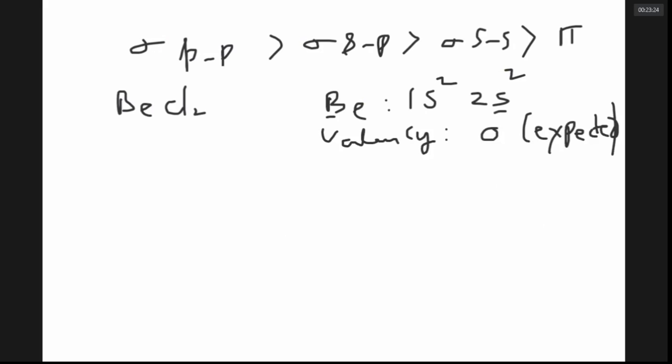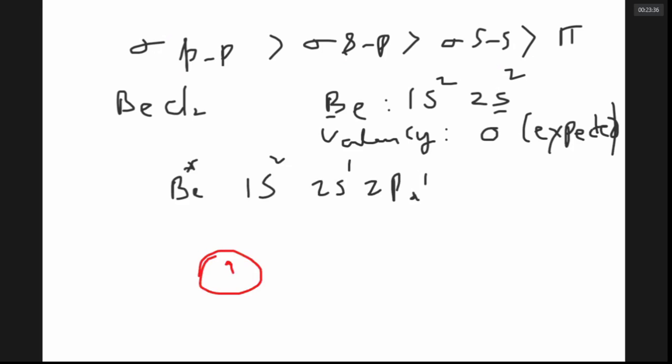Because there are no unpaired electrons. But the excited beryllium atom has a configuration with one 2s electron and one 2px electron.